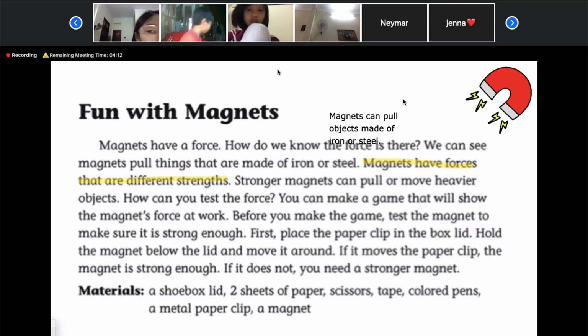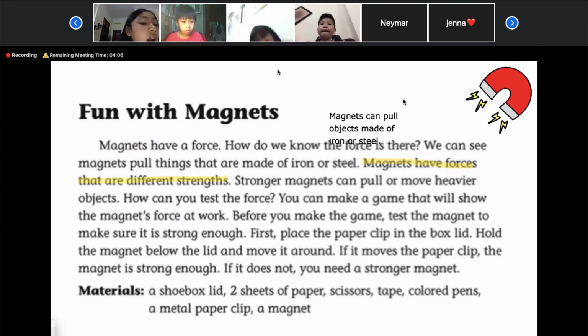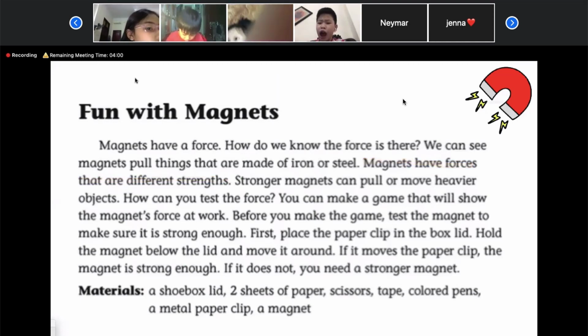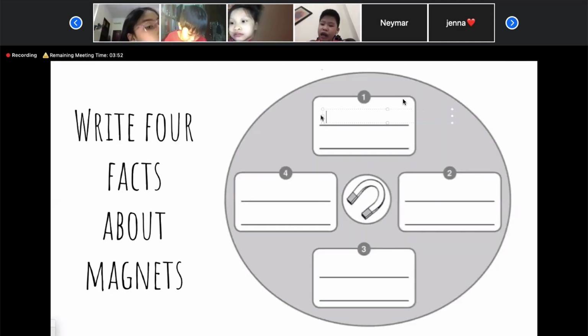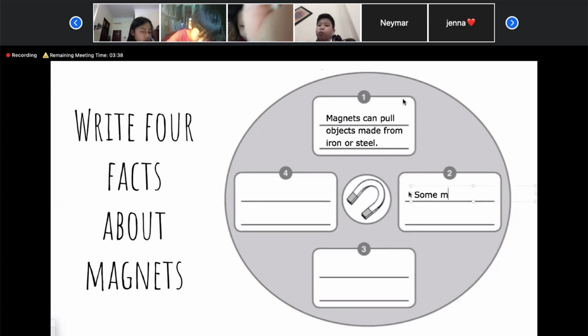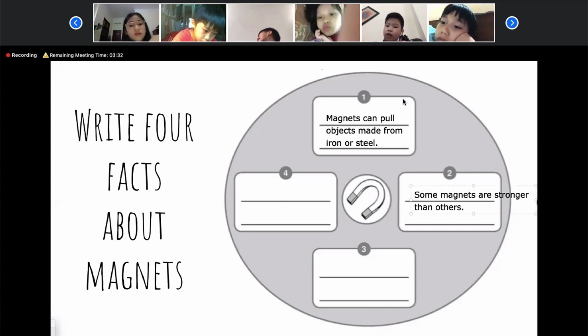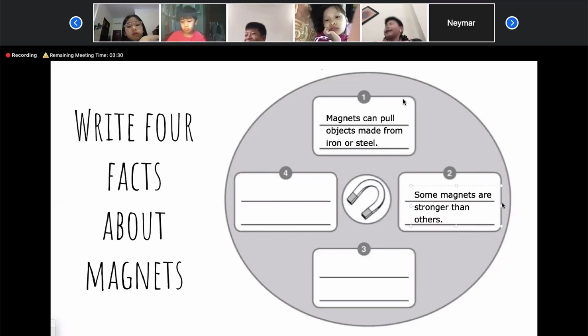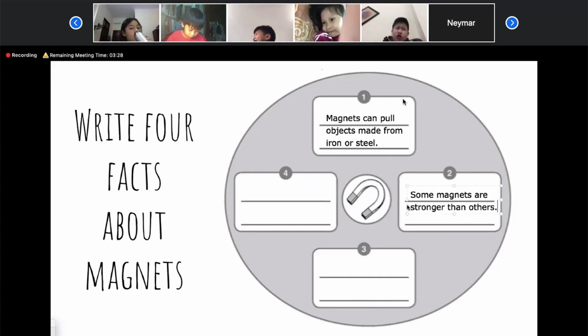So are all magnets the same strength? No. Different strength. Very good. So, okay, what do we say? Magnets can pull objects made of iron or steel, and some magnets are stronger than others. That's the same thing as saying magnets have different strengths.